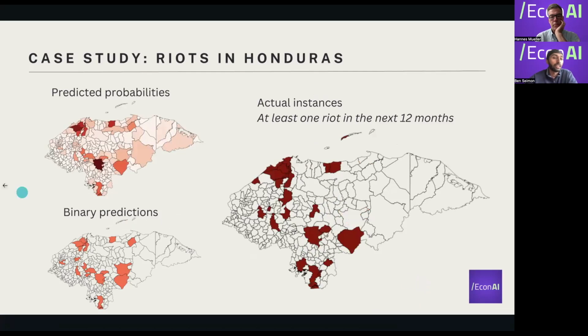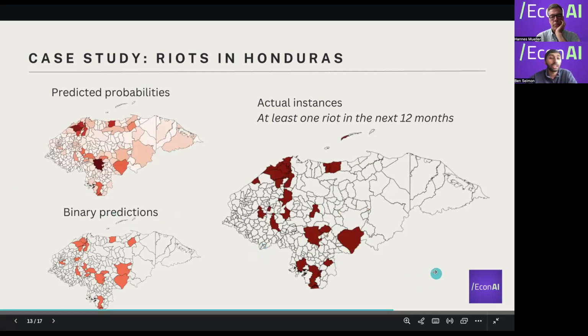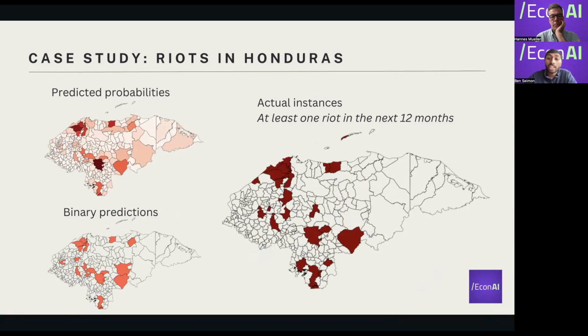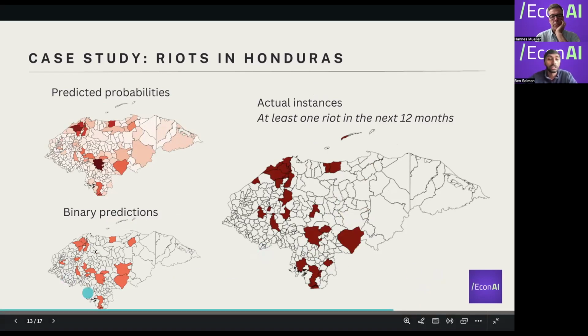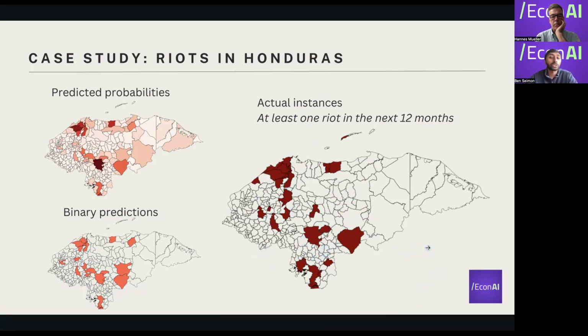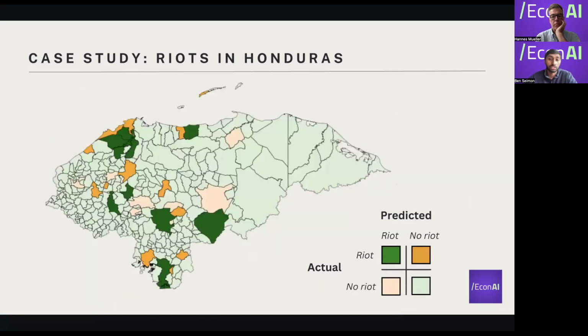Again, we have the predicted probabilities in the top left, the binary predictions in the bottom left, and then we have what actually happened in the next 12 months. And you see that these binarized predictions match up fairly well to the actual instances. But a more rigorous way of doing this is with a confusion matrix.